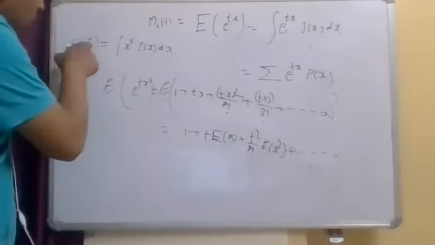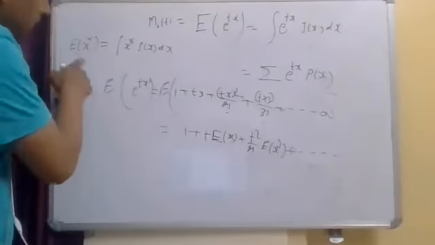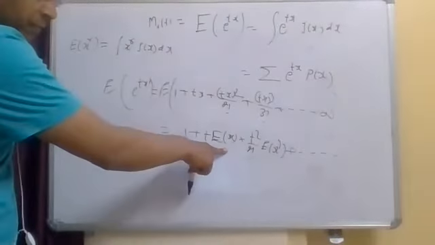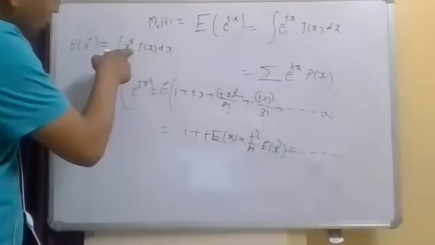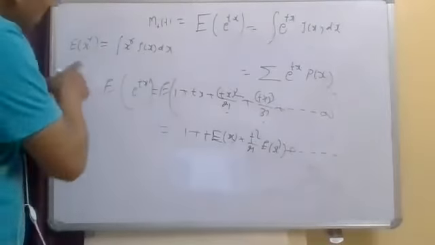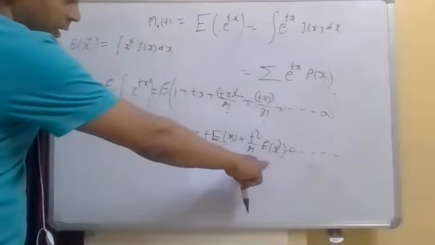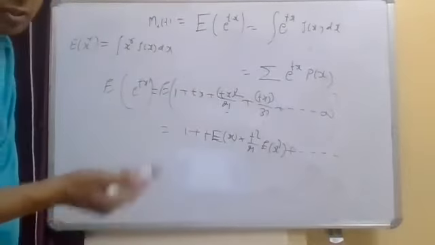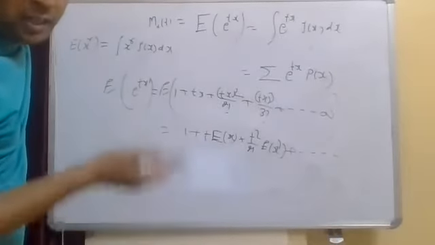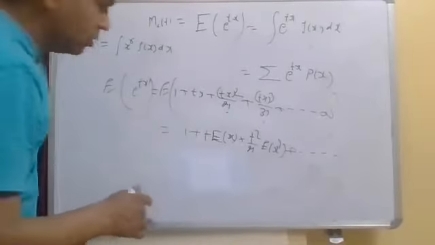When r is equal to 1, you get the expectation of x. When r is equal to 2, it is the integral of x square f(x) dx, which is the expectation of x square. These have names like mu1 dash, mu2 dash, and so on.